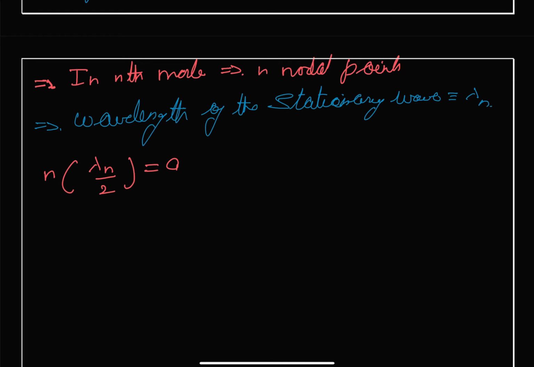Therefore, we can say that lambda of n will be equal to 2a divided by n.